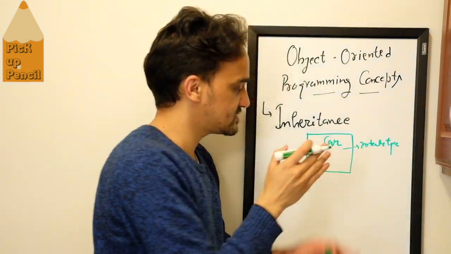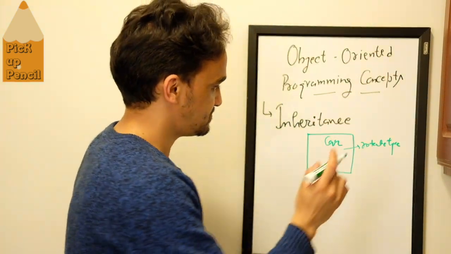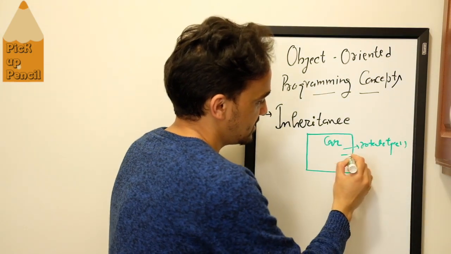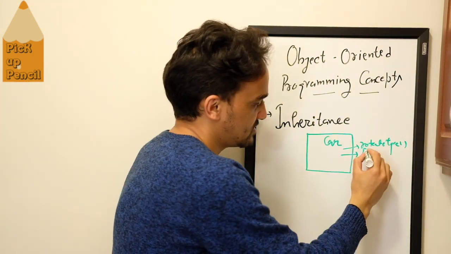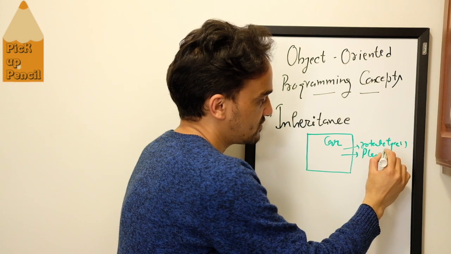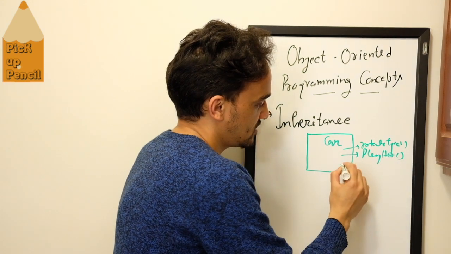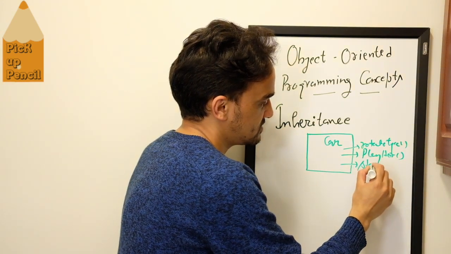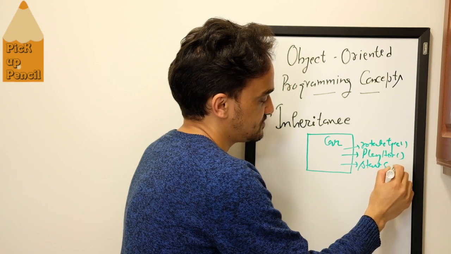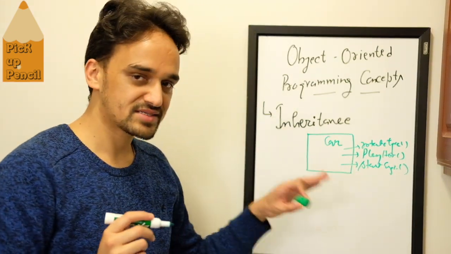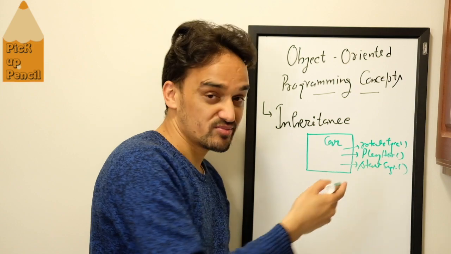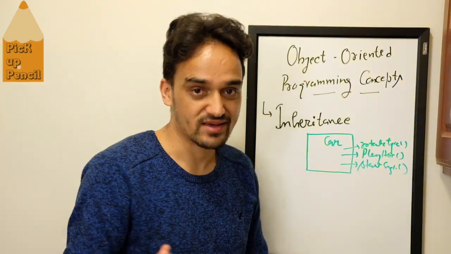So car is a class here, right? And then another one we have, maybe a play horn function and start engine. So these are the basic qualities or the properties of a car we expect, right?